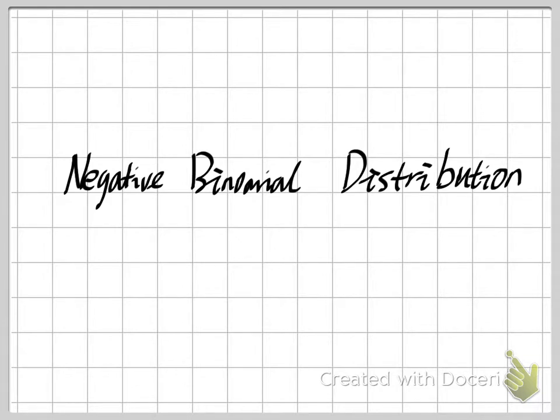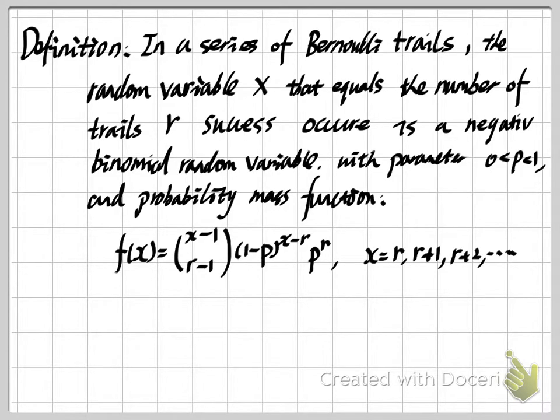Similar to our previous process, here I want to first give you the definition of a negative binomial distribution. A negative binomial distribution is also based on a series of Bernoulli trials, and these trials satisfy the same requirements as for the binomial distribution. The trials should be independent of each other. For all of the trials, there are two possible outcomes, a success and a failure.